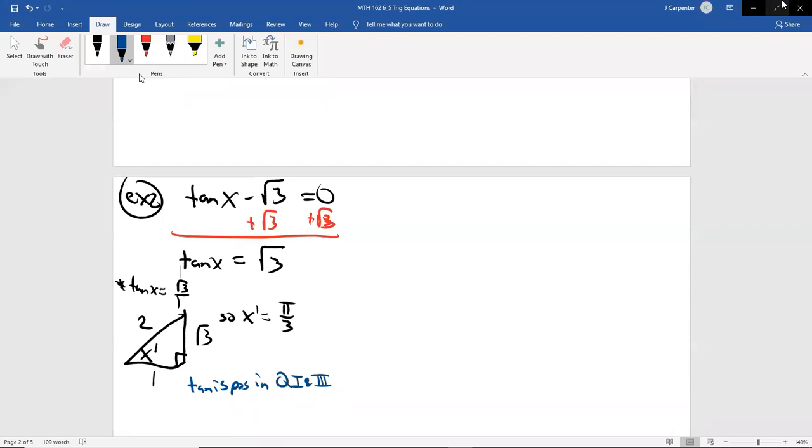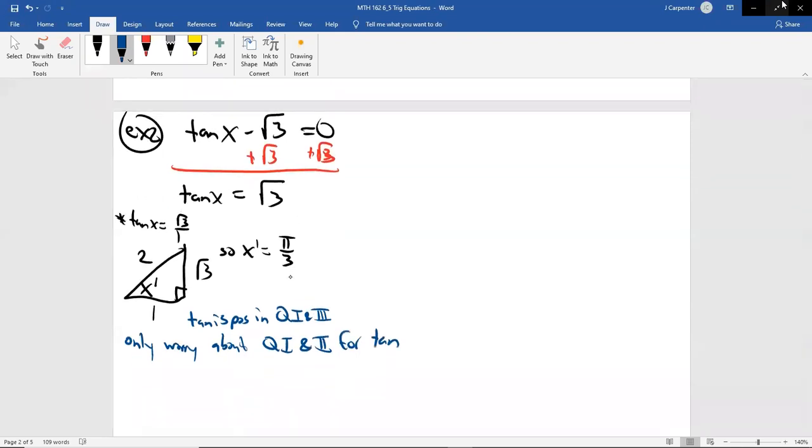But here's the thing. We're only going to consider quadrants 1 and 2 for tangent, since its period is 0 to pi.